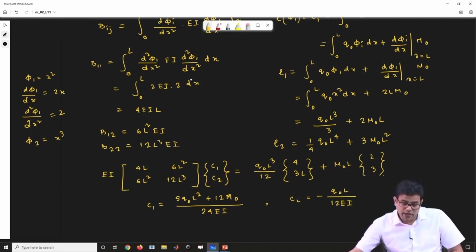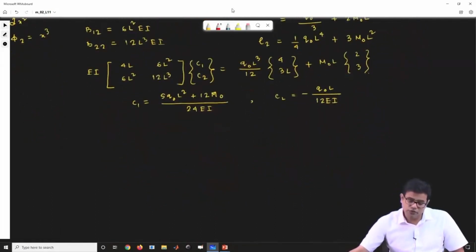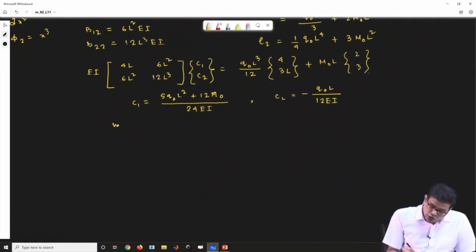So now my approximate solution, which is W approximate solution, is C1 phi 1 plus C2 phi 2.